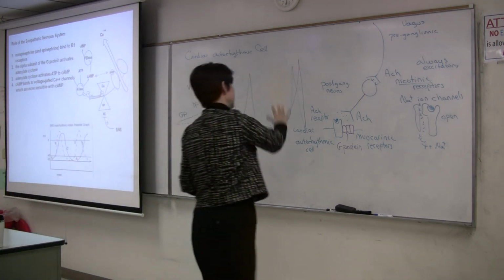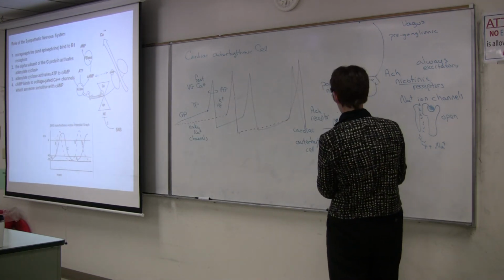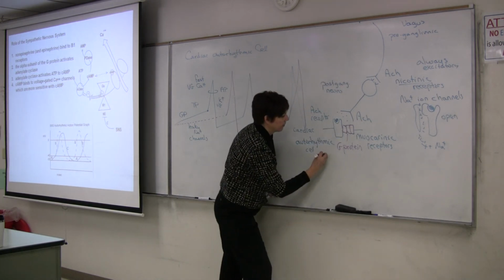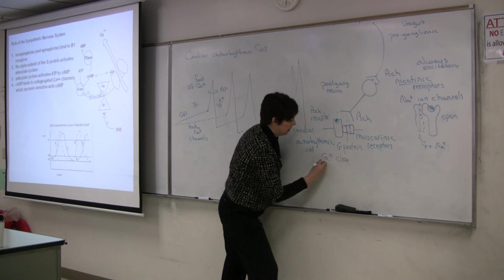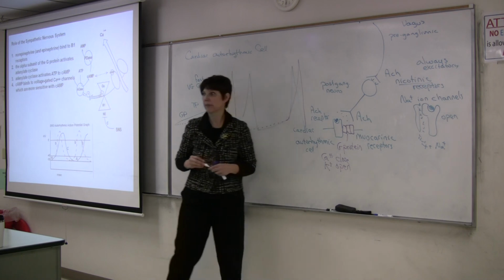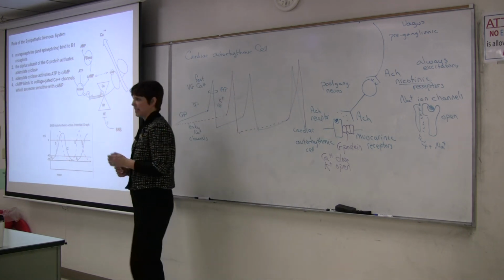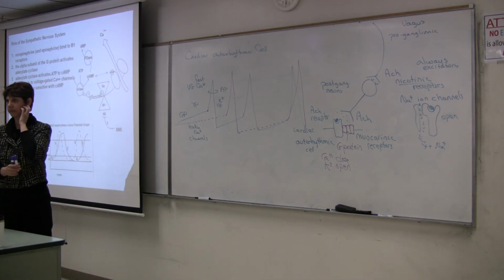So let's change this. Let me just kind of add to it what's happening. So this is going to cause calcium channels to close, potassium channels to open. Okay, this is what I had up on the board, but kind of closing off the summary of what's occurring there. The activation of the G protein.